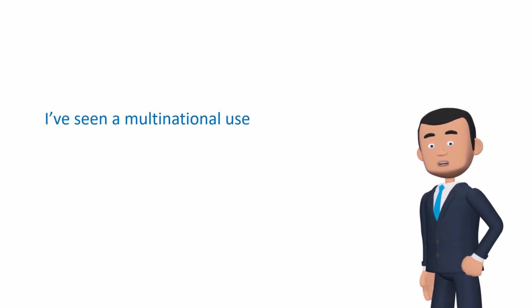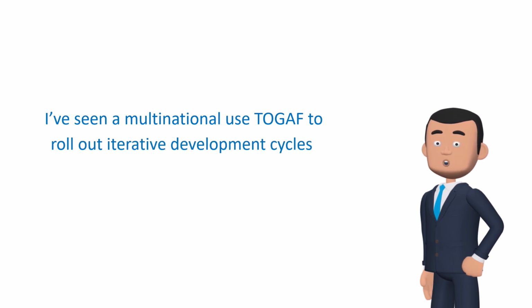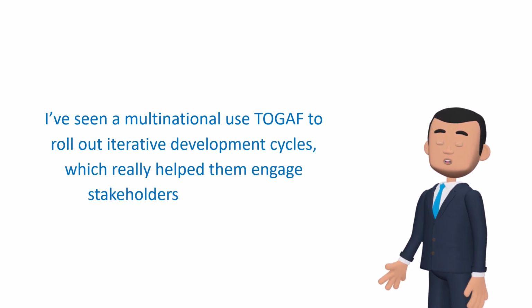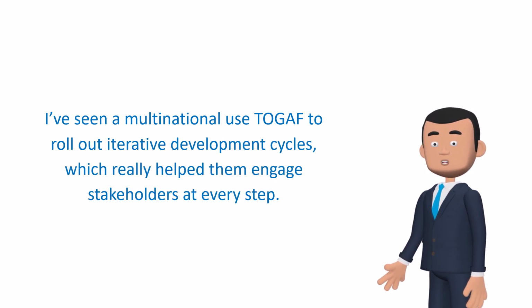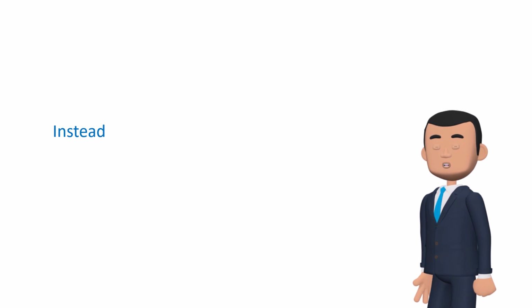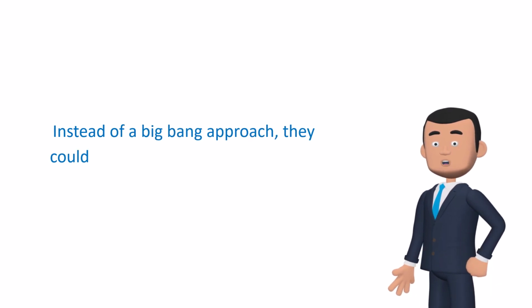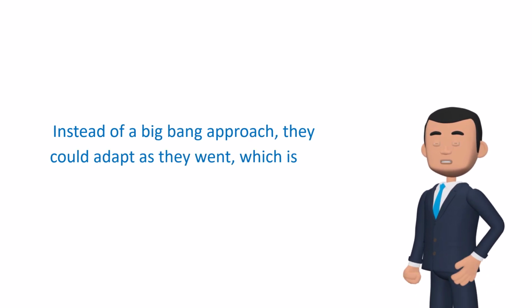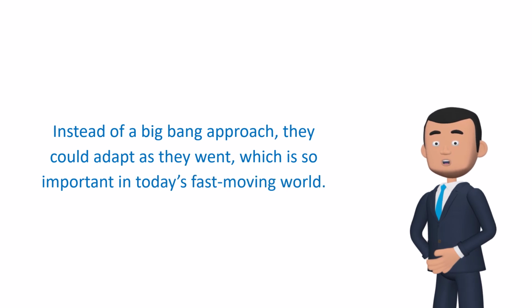I've seen a multinational use TOGAF to roll out iterative development cycles, which really helped them engage stakeholders at every step. Instead of a big bang approach, they could adapt as they went, which is so important in today's fast-moving world.